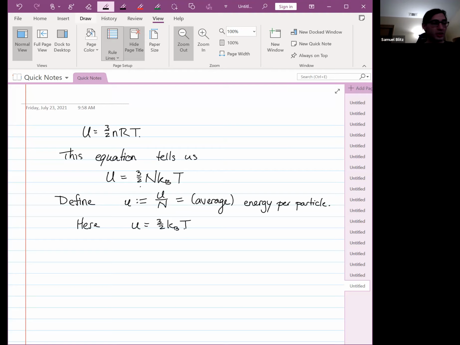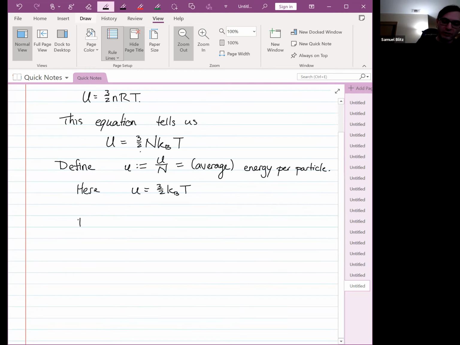So now what can we do with this? Well, this is nice. This tells us how much energy a particle has, but we can go even further, because we know that these are monoatomic gases or monoatomic particles, meaning that it's just a single atom. And so in particular, they're not vibrating or rotating or whatever. So if we know how much energy on average a particle has, we can figure out how fast on average a particle is going.